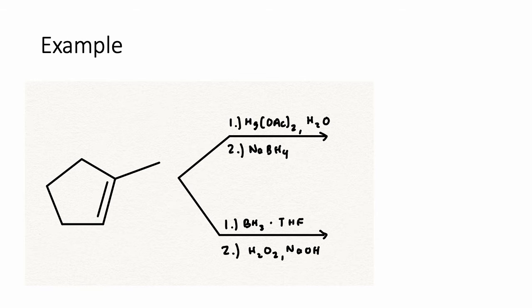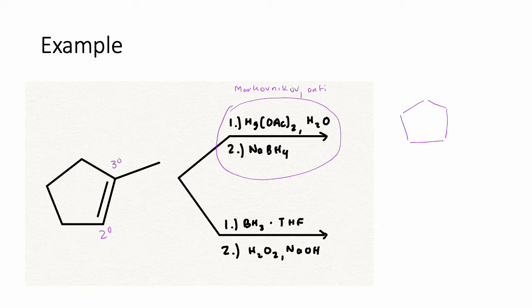So let's do an example. First we're asked to use oxymercuration, demercuration on this alkene. So remember that is Markovnikov and anti-addition. So this is the tertiary carbon and this is the secondary carbon.